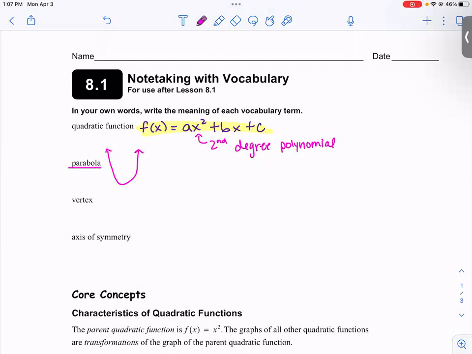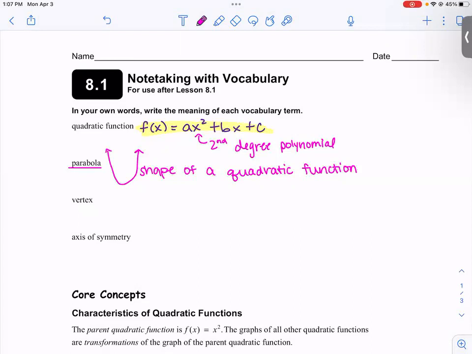A parabola. Looks kind of like a U. So when I ask you to graph a quadratic function, it's going to look like a parabola in some way, shape, or form.